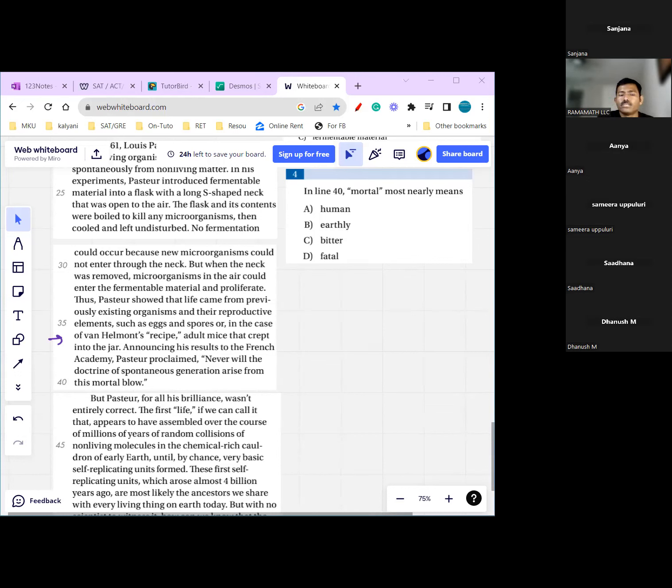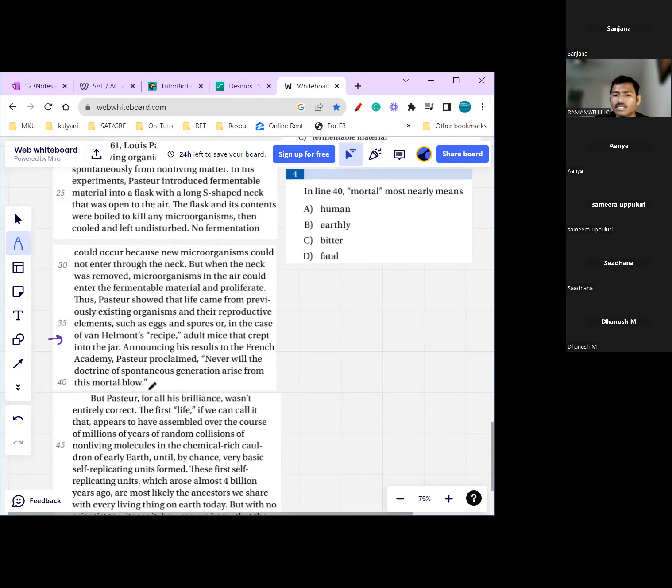Okay, so this is one of the reasons it's always important to have the contextual clues and also to have the vocabulary clear. If I look at it carefully, line number 40 is right here. Louis Pasteur says, "Never will the doctrine of spontaneous generation recover from the mortal blow struck by this simple experiment."